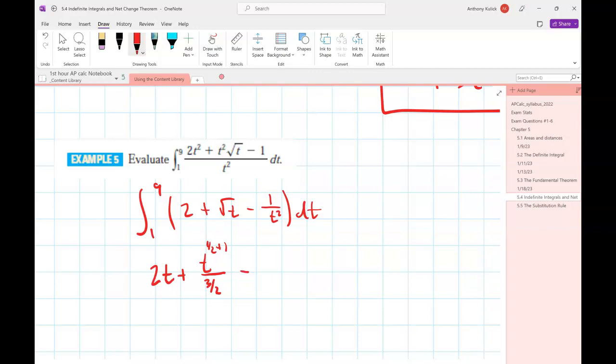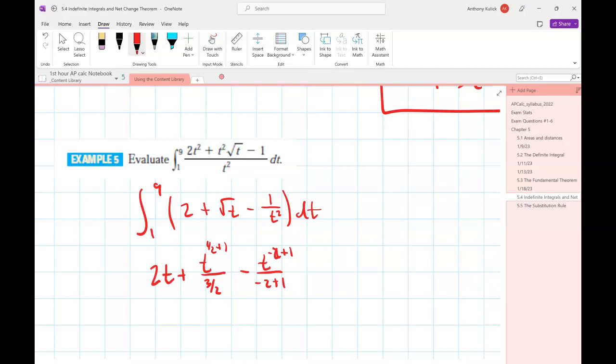Okay, and what's the antiderivative of 1 over t squared? The only exponent that you can't just do that power rule in reverse for is -1, right?